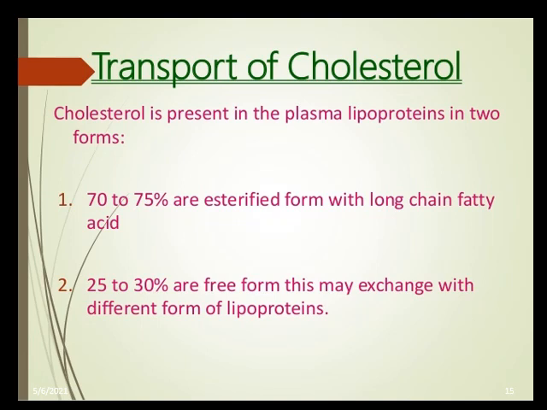Regarding the cholesterol esters, they are mainly formed in the liver by the action of a specific enzyme, ACAT, that is acyl coenzyme A cholesterol acyl transferase, which catalyzes the transfer of a fatty acid from fatty acyl coenzyme A to the hydroxy group of cholesterol, forming cholesterol esters.